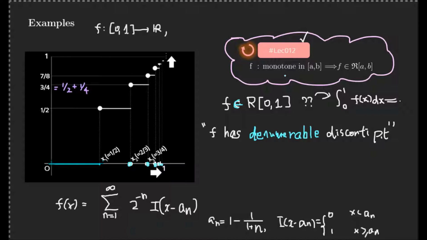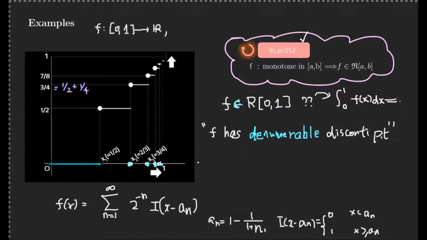Then, considering this point, we should doubt: if just a function is given, even if it is not monotone on the specific domain, if f just has countably many discontinuous points, is it possible to evaluate the integral? In other words, the Riemann integral.